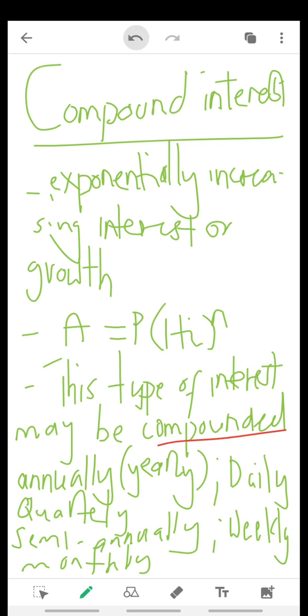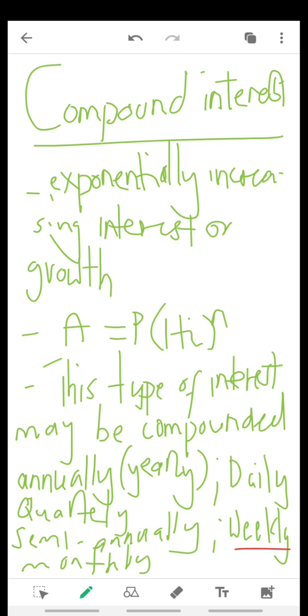So we can compound annually, meaning at the end of each year there's an interest accumulated, which we also call yearly, or we can compound daily, meaning at the end of each day the amount accumulates interest, or we can compound quarterly, meaning at the end of every 3 months the amount of money accumulates interest, or we can compound semi-annually, meaning at the end of every 6 months, which will be two 6-month periods in a year, we accumulate interest.